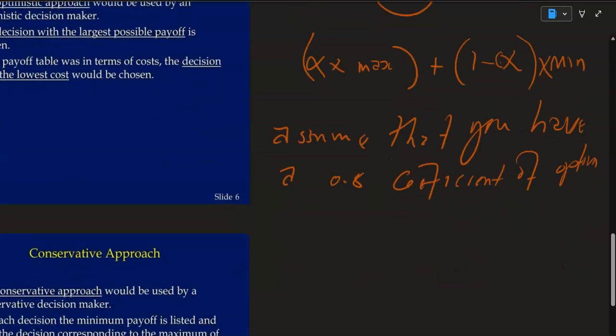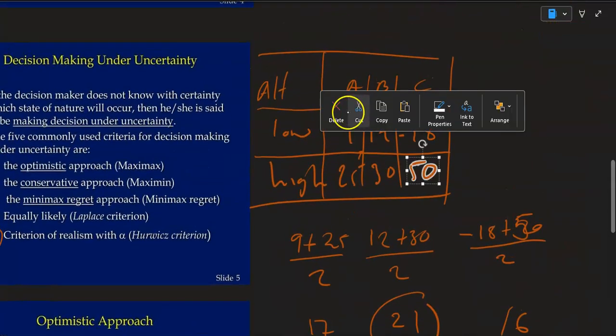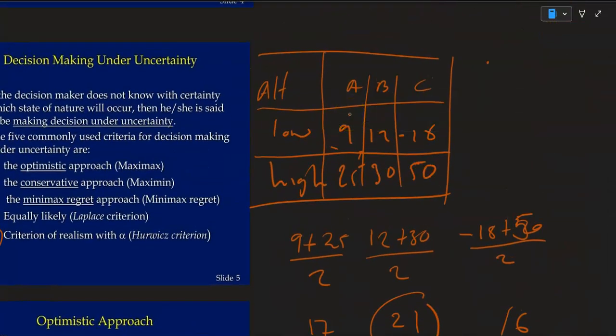So how do you approach that question? You have a 9 and a 25.